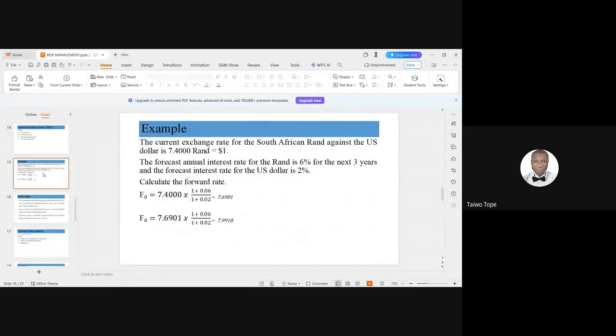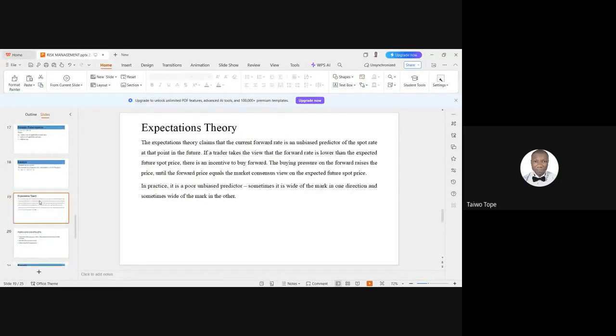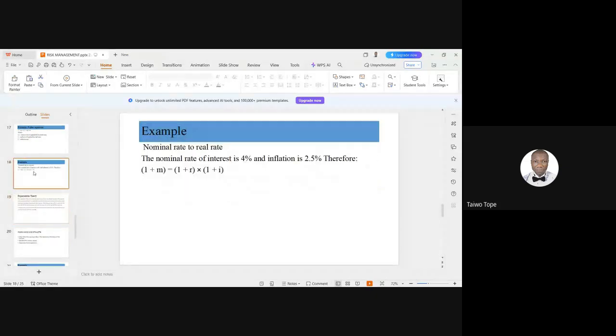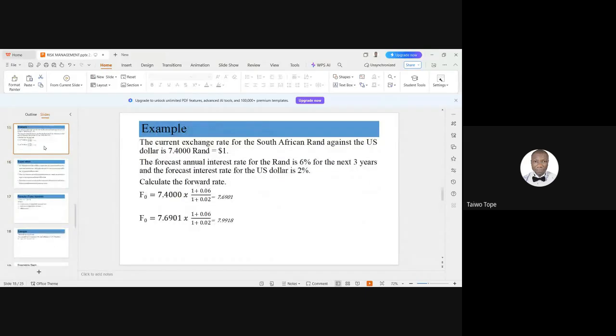This is the basic. Once you know this, I do have a question on the expectancy or expectation theory, but I discovered it is not something we should waste our time on. You can easily get it if you understand this one.